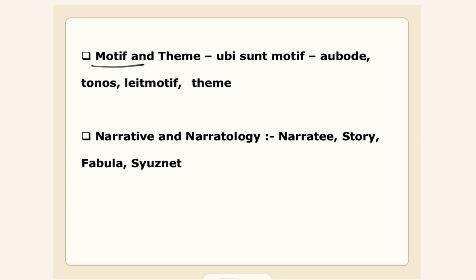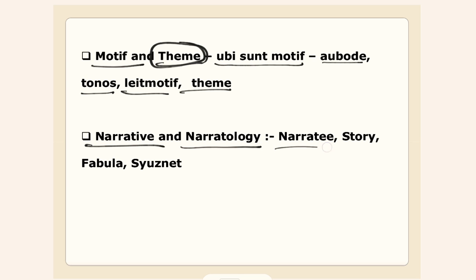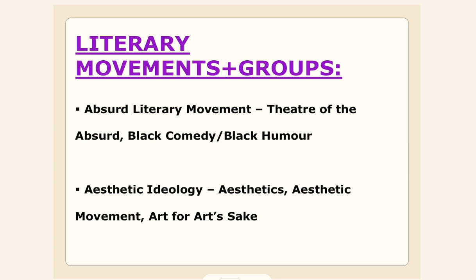Next, motif and theme are the central point in the work. Leitmotif, theme. Next, narrative and narratology. Here, narrative, story, fabula, sjuzhet. So, all these terms we have discussed are related to novel or fiction.